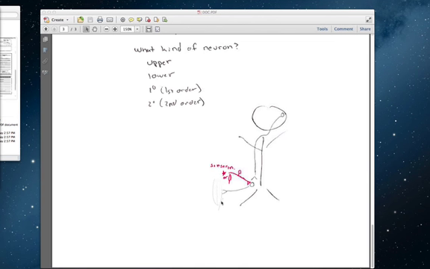But you do have more muscle tone than you would if you actually lesioned your lower motor neuron. So if you lesion your lower motor neuron, what's going to happen? You're going to lose your reflexes, and you're also going to lose your ability to generate a voluntary motion. And you're going to have flaccid paralysis.